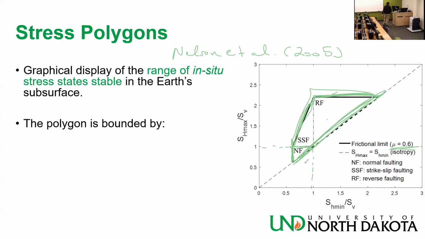The triangle at the top, above SH max over SV equals 1 but below SH mean over SV equals 1, is strike slip faulting. And then the bigger triangle, above SH max over SV bigger than 1 and SH mean over SV bigger than 1, is reverse faulting.